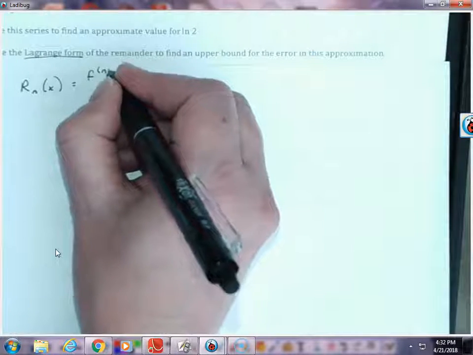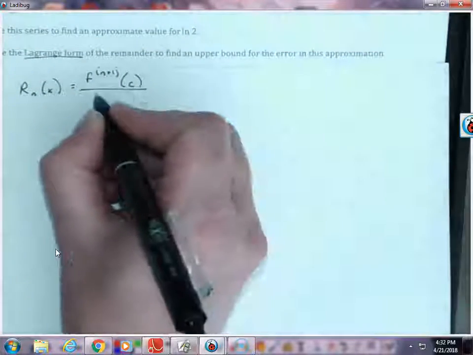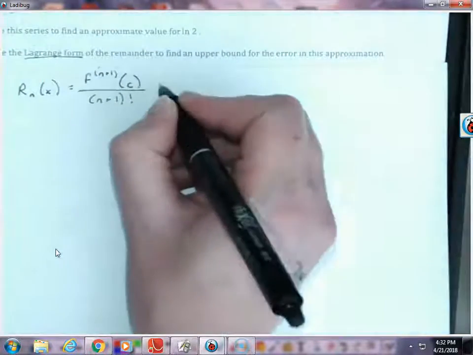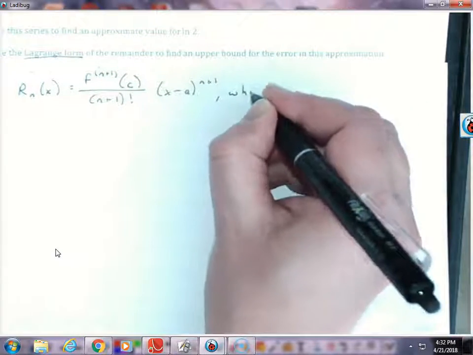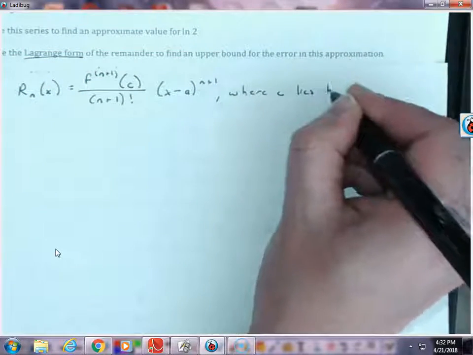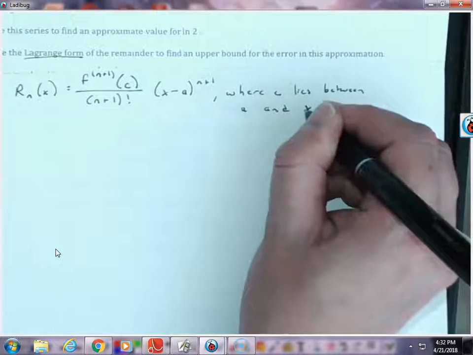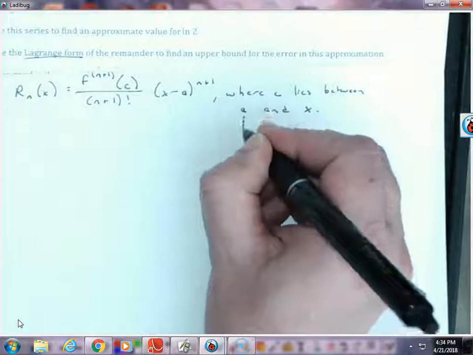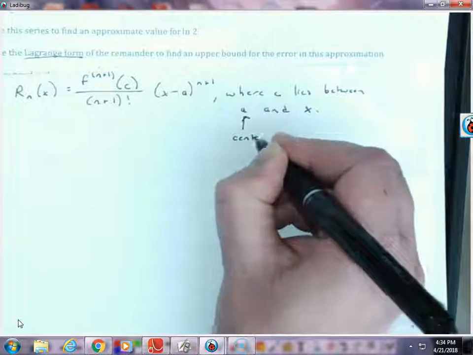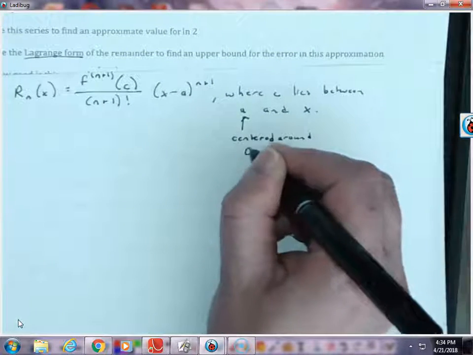Okay, so this is the n plus first derivative evaluated at c over n plus 1 factorial times x minus a to the n plus 1, and they're pretty good to us here. They tell us where c lies between a and x. We need to think about what each one of these variables is. Okay, so a is whatever you are centering the power series around. Okay, so for us, if that's Maclaurin, that's 0.